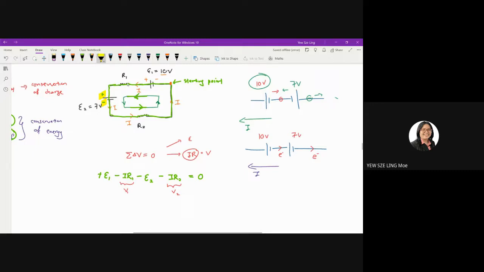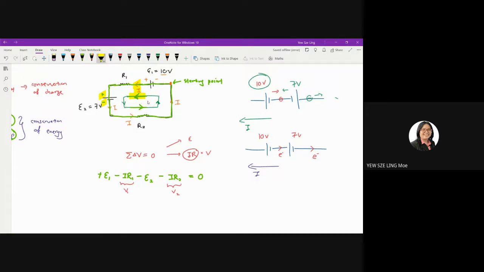If they are pointing in the same direction, then it is a negative IR, because by common sense it should be dropping. If they are against each other, meaning your imaginary path and the actual path are different, then it becomes a positive value.